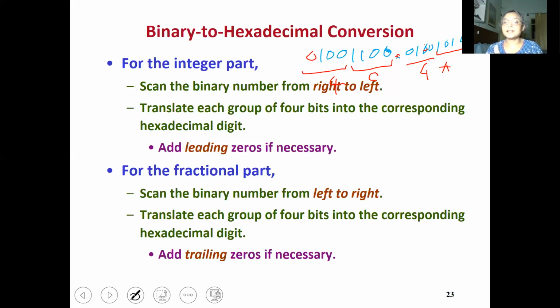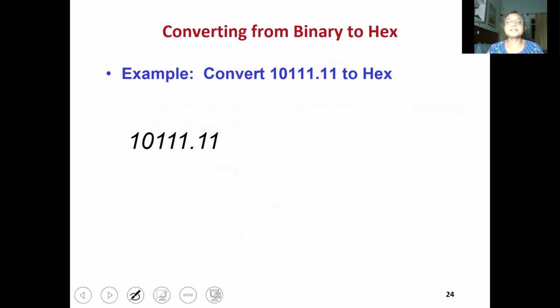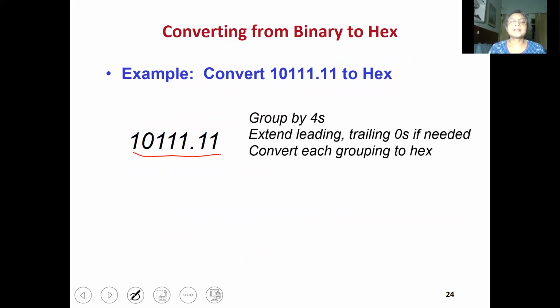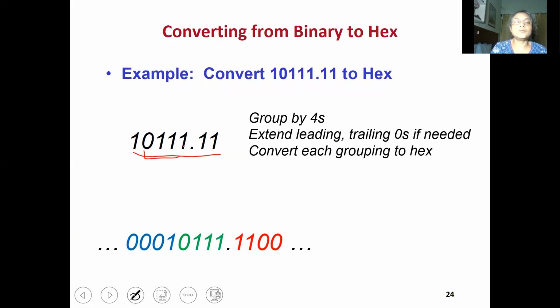To the left of the decimal point we'll club 4 at a time until the last group, where we may have to pad with leading zeros. Similarly, to the right of the binary point we club 4 at a time, and we may have to pad with trailing zeros. Here's an example. We take this number 10111.11. Grouping by 4s, we get 0111, and then we have this one alone, so we add 3 leading zeros to get 0001.